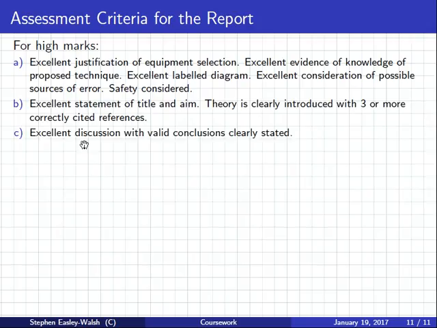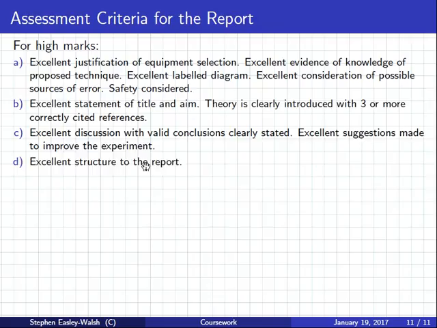Excellent discussion, valid conclusions. Excellent suggestions made to improve the experiment. Make the discussion excellent. For example, the conclusions need to be valid, the right conclusions. More difficult is excellent suggestions to improve the experiment. So you need to think of maybe 2 or 3 ways you could do the experiment better next time.